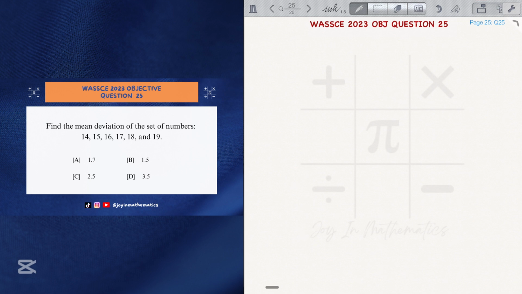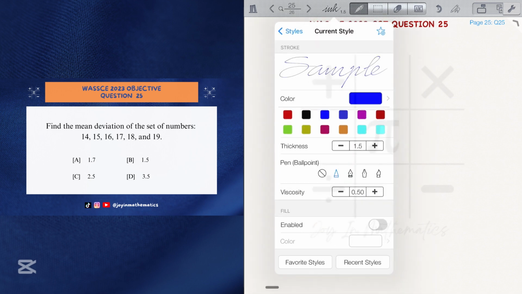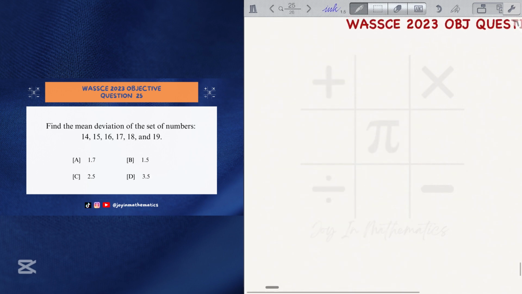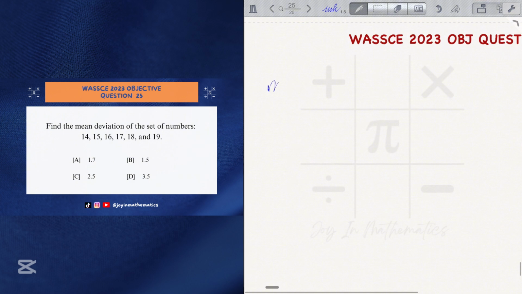So let's just write out the formulas that we will be needing. Mean deviation, which we'll just call MD, is equal to the summation of the modulus of x minus x bar, divided by n, that's the number of terms.